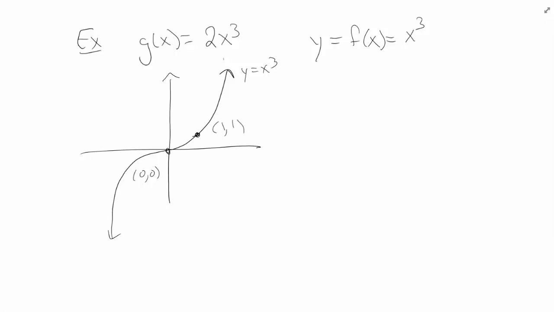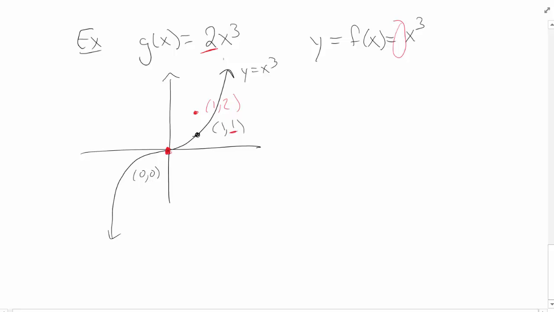Well, what I did to it is I multiplied by 2, and I did that multiplication outside of that function. So outside of the function affects the outputs. Those are my y values. So I'm just going to take every single y value and multiply by 2. So this y value right here is 1. If I multiply that by 2, 1 times 2 is 2. Didn't do anything to the x, so here's 1, 2. That's why I say the origin wasn't going to help me much, because 0 times 2 is still 0, so it still goes through there.